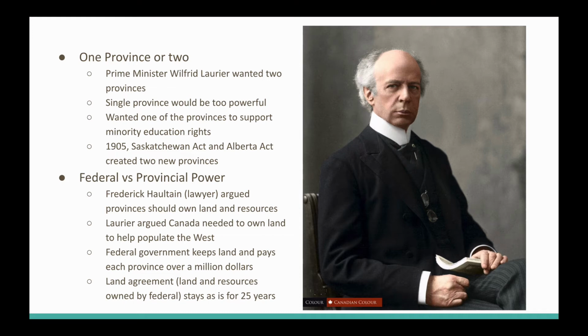Laurier, on the other hand, argued that Canada needed to own the land in these two provinces to help populate the West. If they want to get more people over, Canada needs to own that land so that they can help populate it with farmers. The federal government ends up keeping the land, and in return pays each province over $1 million.